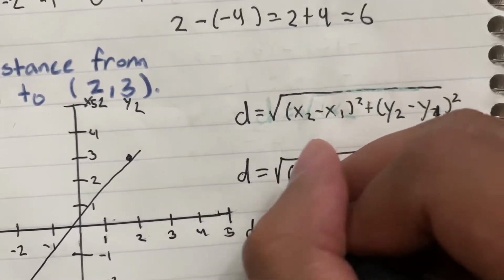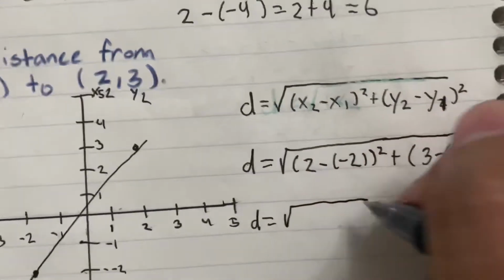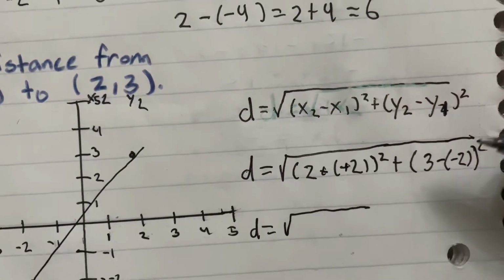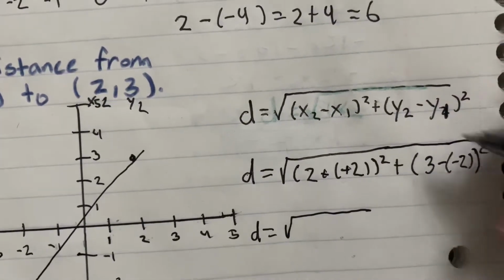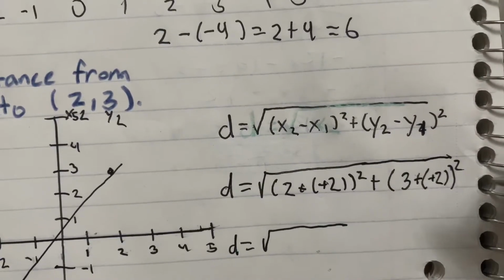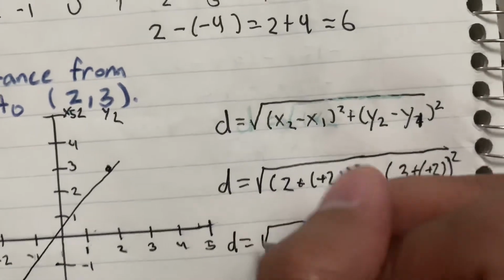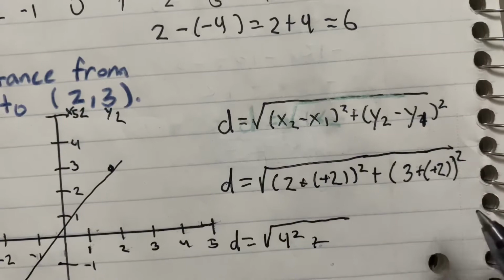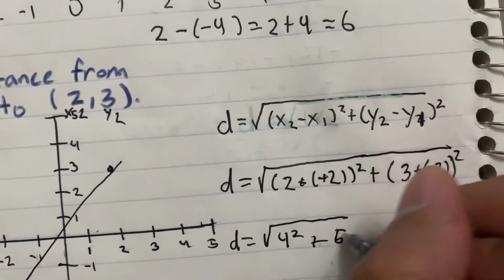Inside the square root, to get rid of the negative, it'll just be 2 plus 2. To get rid of the negative, we do that, and it'll just be 3 plus 2. So 2 plus 2 is 4 squared plus 3 plus 2 is 5 squared.